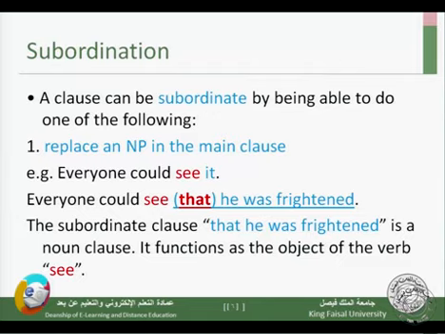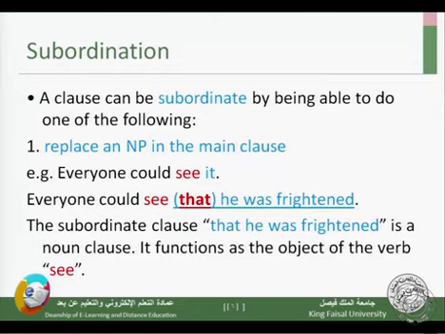So in the first sentence, everyone could see it, it is the object of the verb see. And in everyone could see that he was frightened, that he was frightened, this subordinate clause, is also the object of the verb see. So it can have grammatical functions similar to the NP. So it can be an object in this case. And we will look at different functions of subordinate clauses in a few minutes.